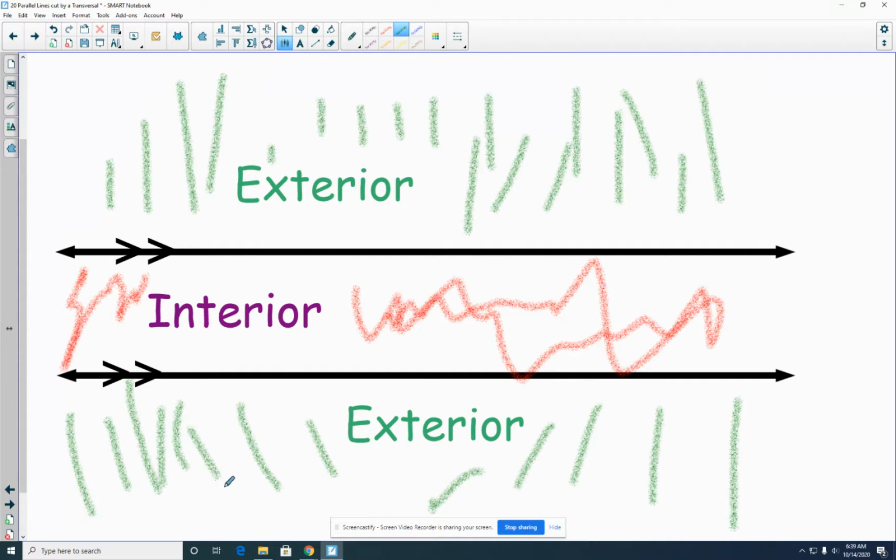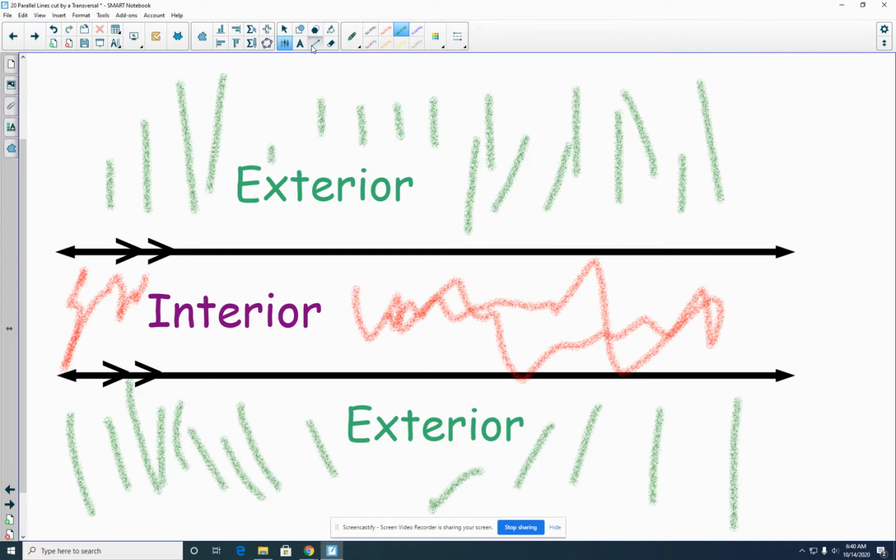So that's what we're talking about, interior and exterior. If we're discussing a specific angle and we say the angle is interior, that means it's inside the parallel lines. If it's exterior, that means it's located outside the parallel lines.